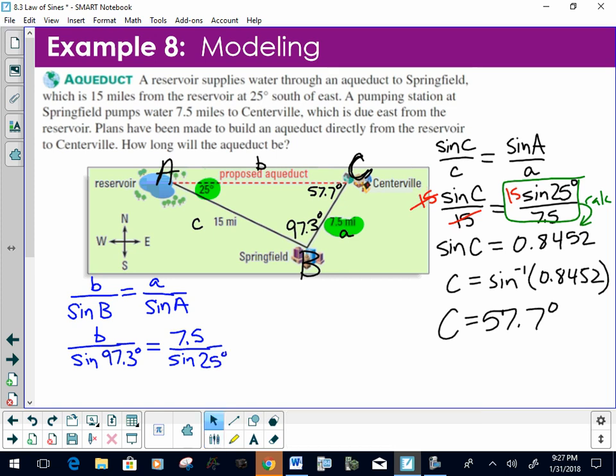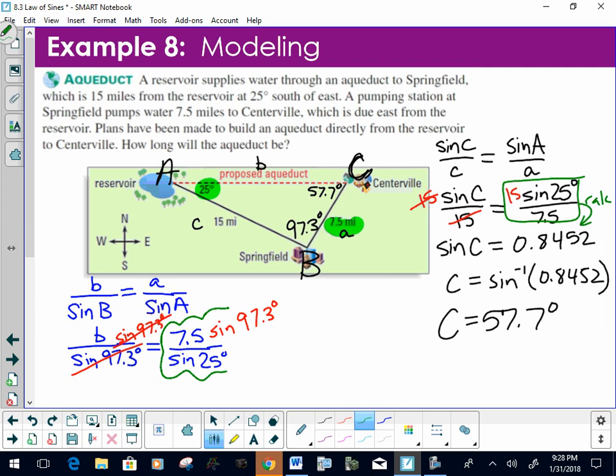So to solve for the length of side B, I'm going to multiply both sides of the equation by the sine of 97.3 degrees. That will reduce. So in our calculator, we're going to put this quantity in: 7.5 times the sine of 97.3 degrees divided by the sine of 25.